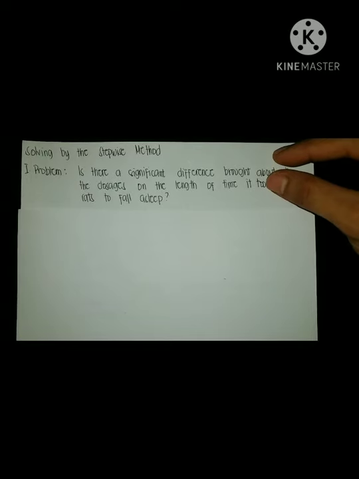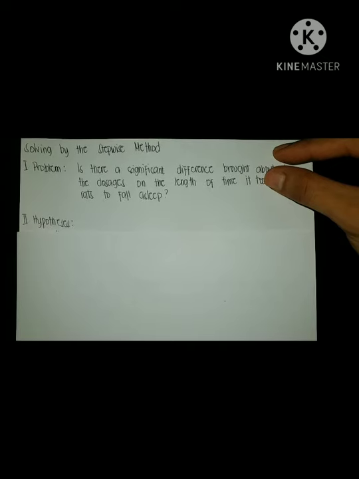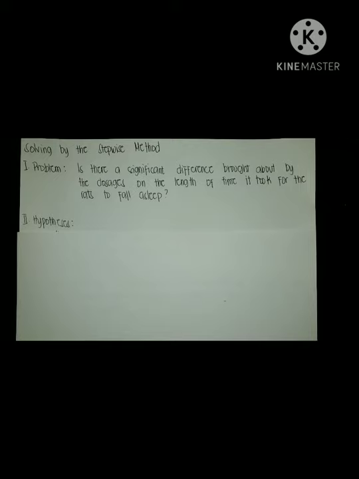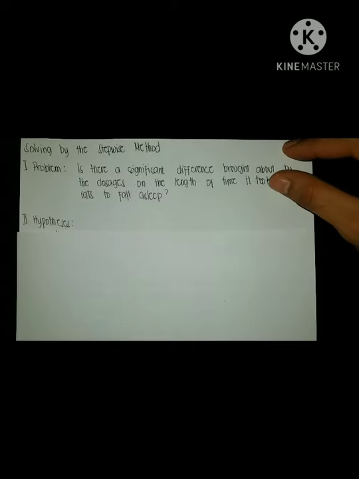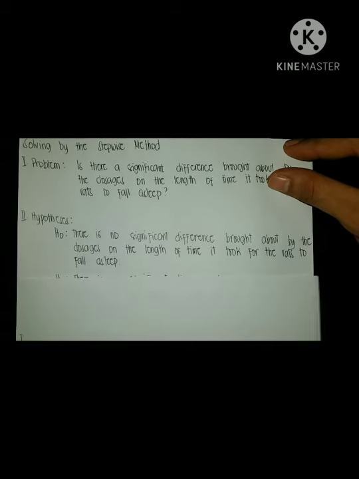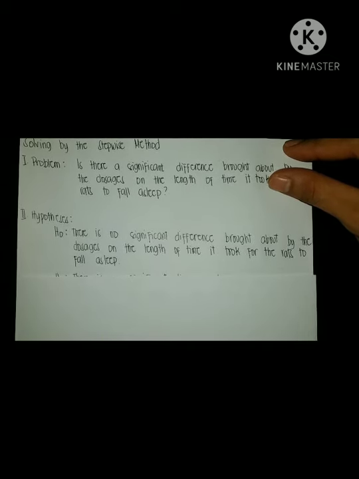Then, for the next step, we have the hypothesis. We will formulate our null hypothesis and the alternative hypothesis. The null hypothesis: there is no significant difference brought about by the dosages on the length of time it took for the rats to fall asleep.